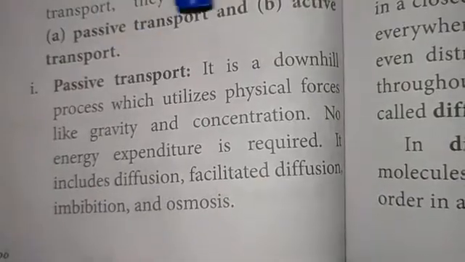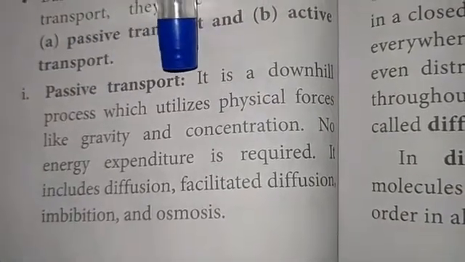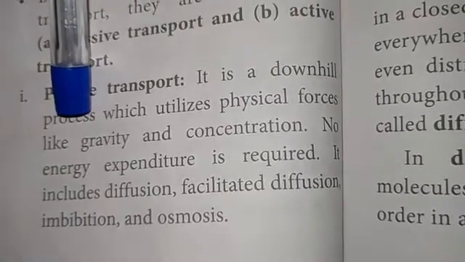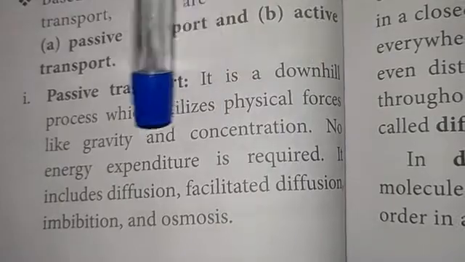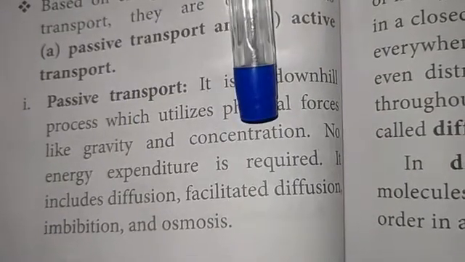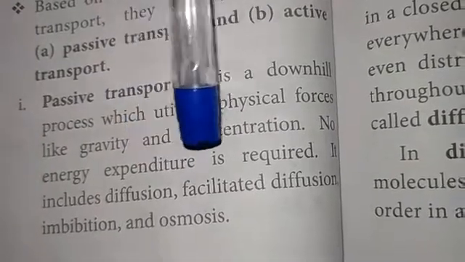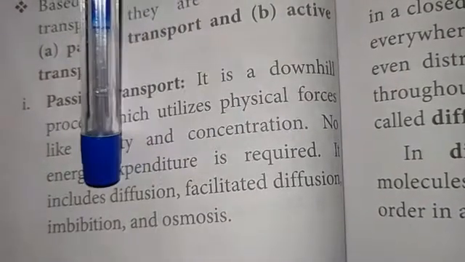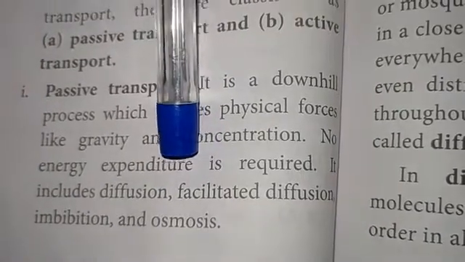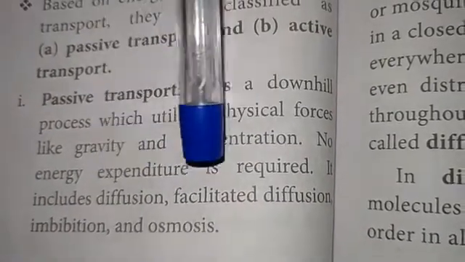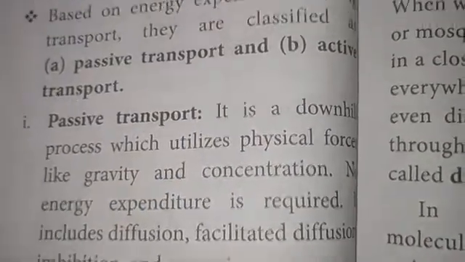Passive transportation is a downhill process, which utilizes physical forces like gravity and concentration gradient. No energy expenditure is required. Examples of passive transportation are diffusion, facilitated diffusion, imbibition, and osmosis.